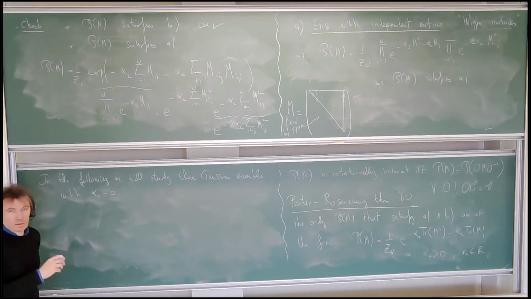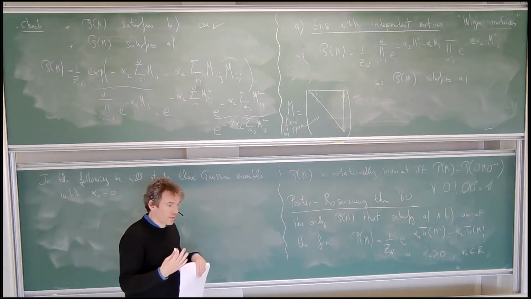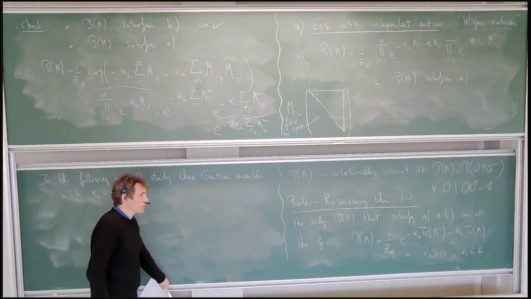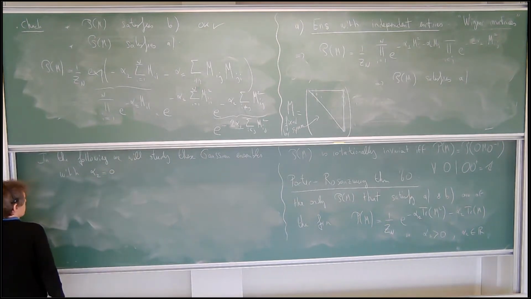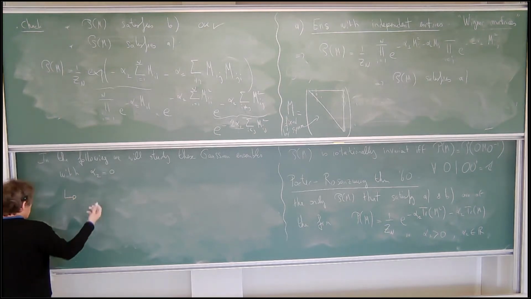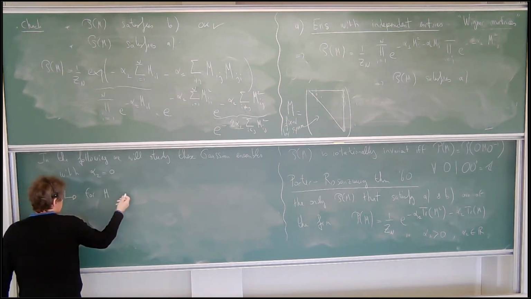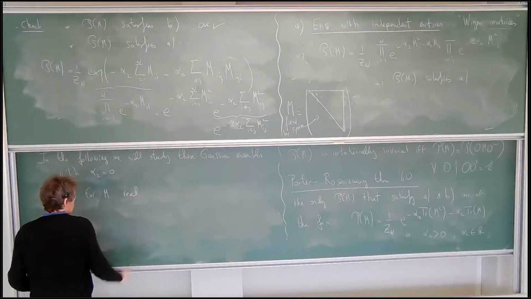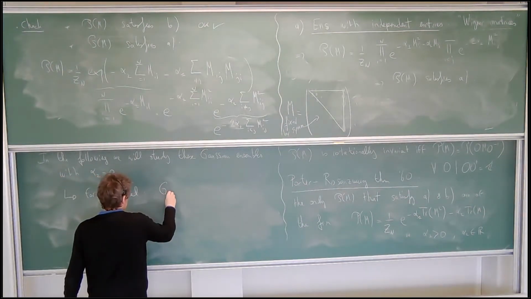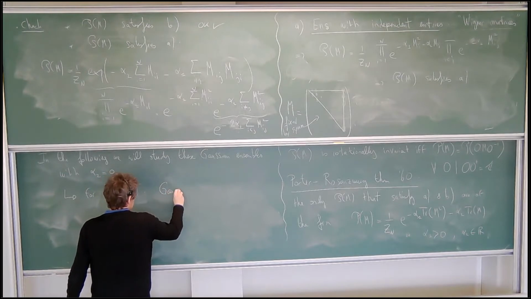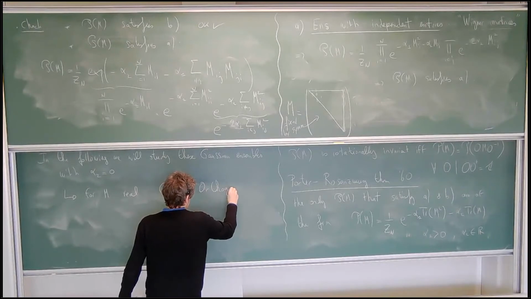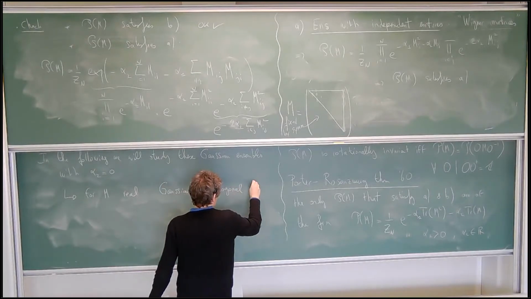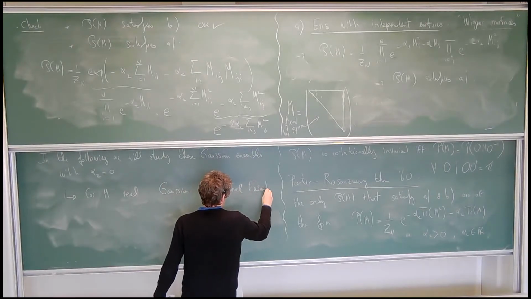So this corresponds to the case where you have Gaussian centered random variables. That means that all the entries are zero mean. And in the case of M real, this is called the Gaussian orthogonal ensemble. Maybe you have heard already about this ensemble. This is usually called GOE.